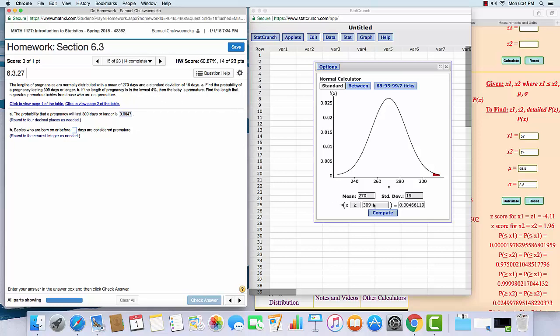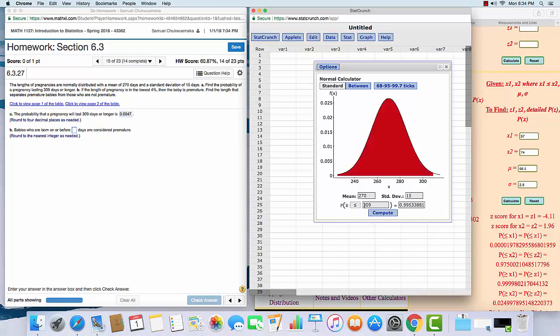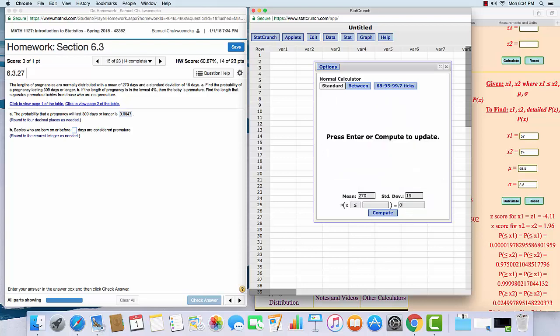We're going to change this to less than or equal to, and lowest 4% is 0.04. We put it here because they're asking us for the variable, not the probability. They gave us the probability already. And you just press compute.